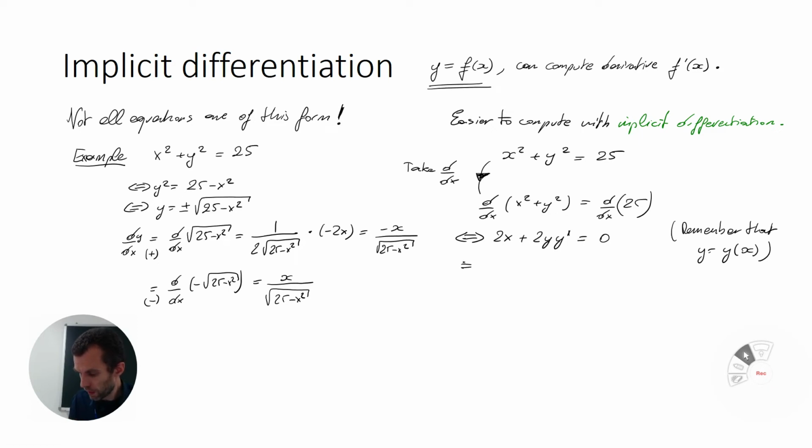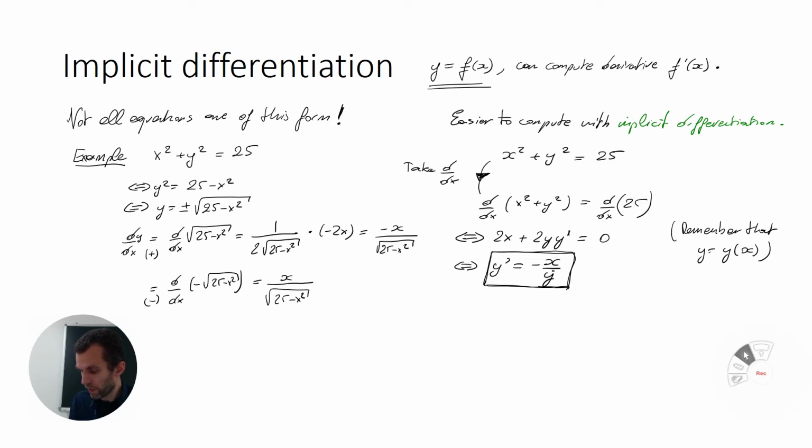And so now we can rephrase it a little bit to say that y prime is equal to minus x divided by y. And oftentimes this is all you need. We'll see an example of that in a minute.